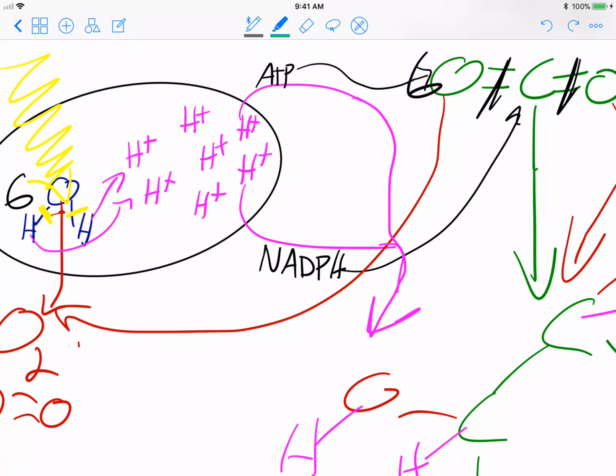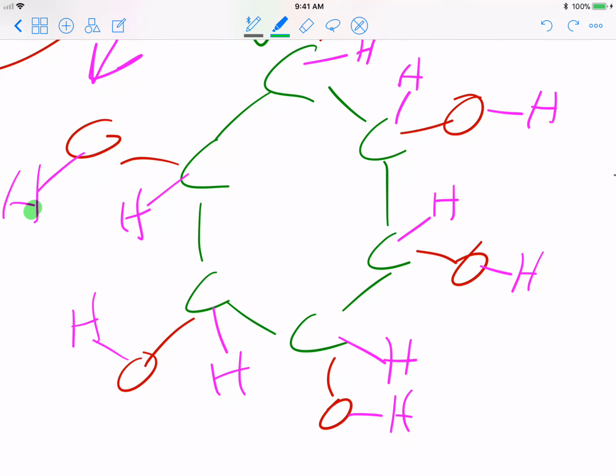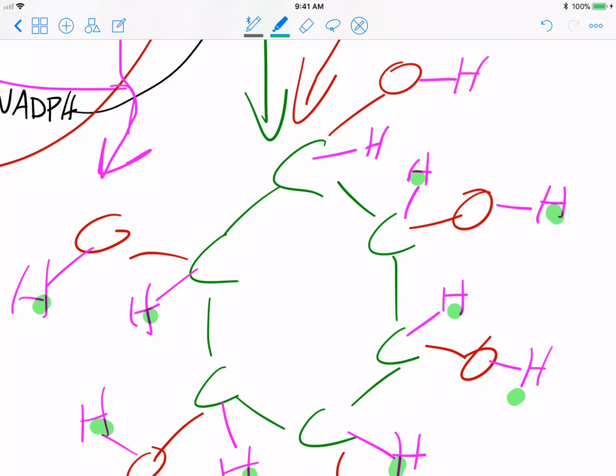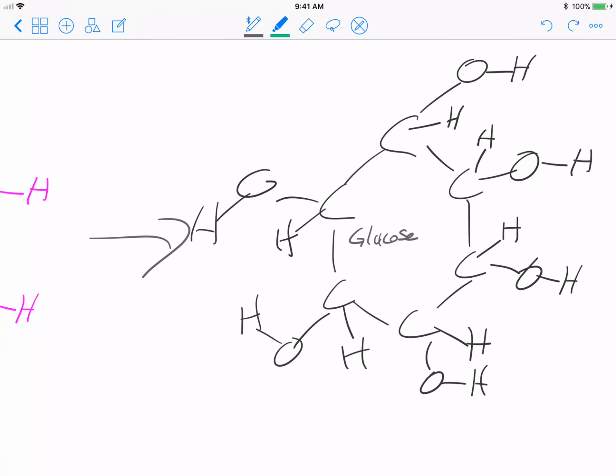Then finally we had our 12 hydrogens, which I know I didn't draw 12 there, but you get the idea. If we go over and count, we have 12 hydrogens. They are all accounted for. Every last atom in that reaction is accounted for.